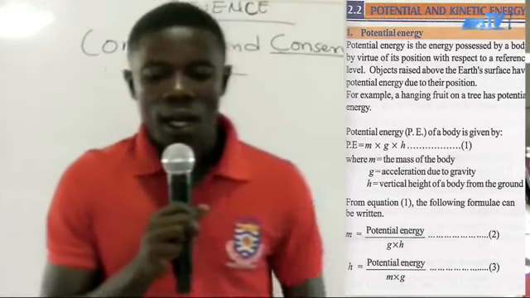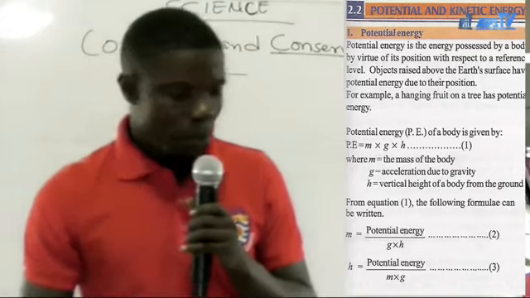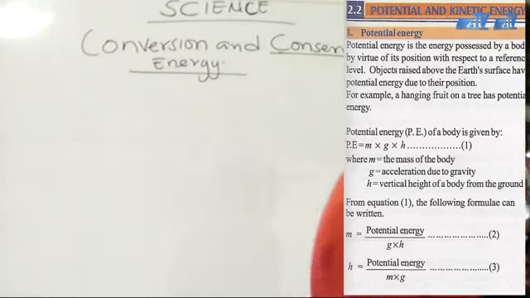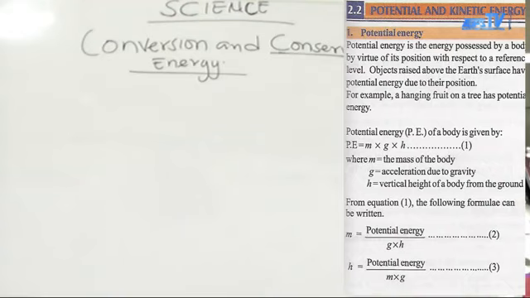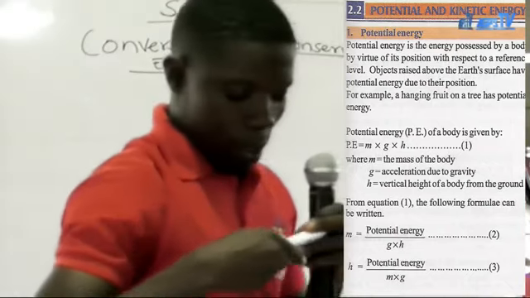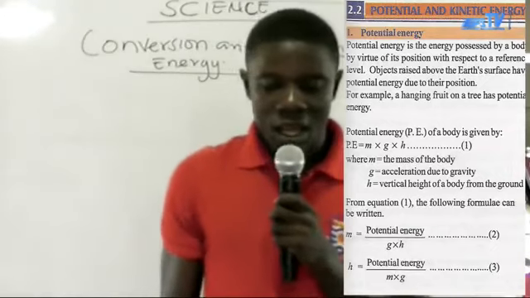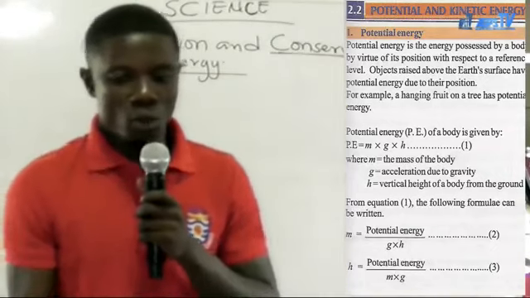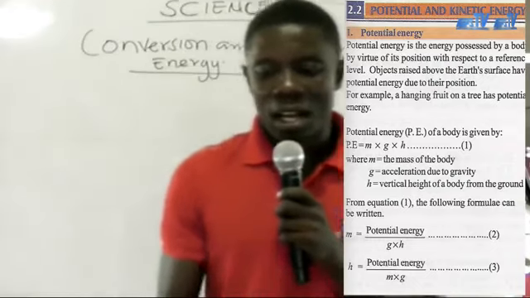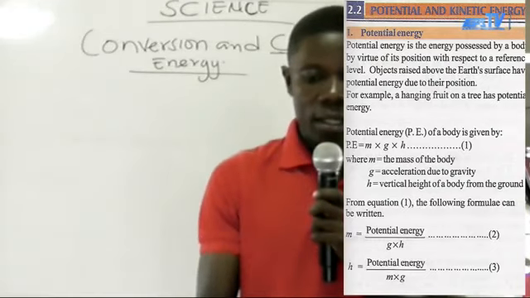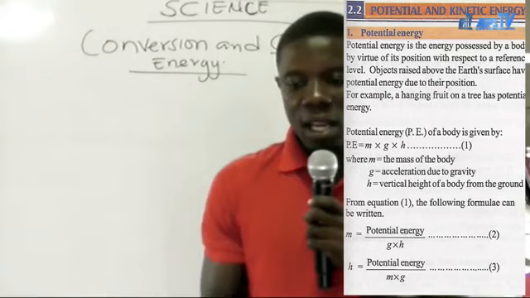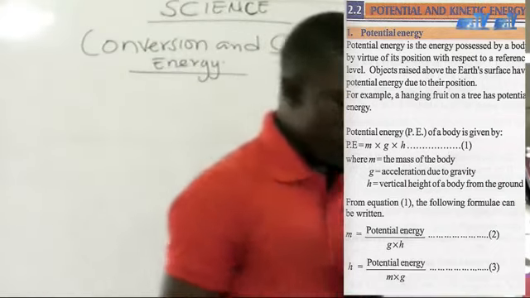That's potential energy. But I'm not going to talk much about this because we have some formulas and some calculations over there too. For example, a hanging fruit on a tree has potential energy.